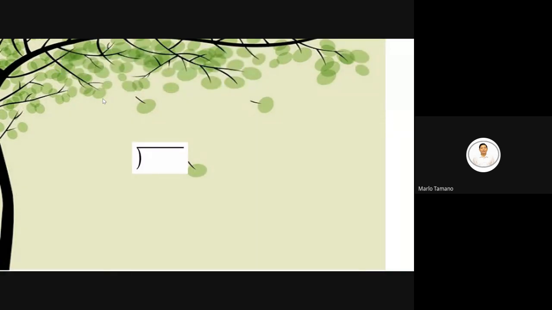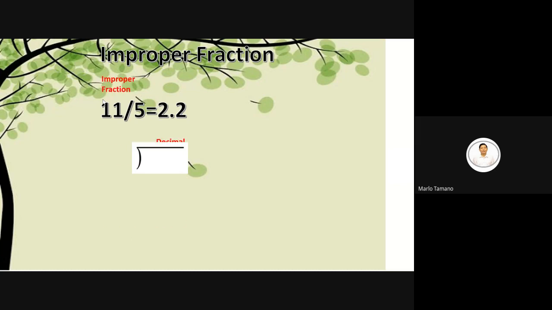Alright, so we have here improper fractions. Magdi-divide po tayo. Changing improper fraction to decimal. So 11/5, we will change it to decimal. How? We put the 11 inside of the division house.